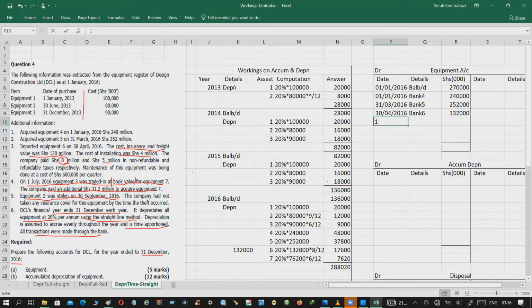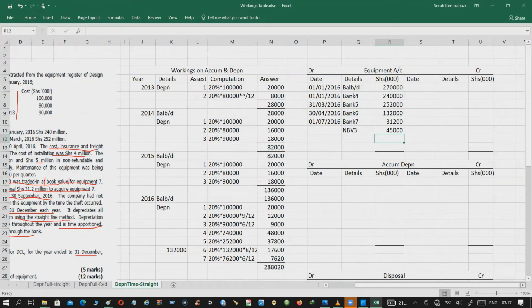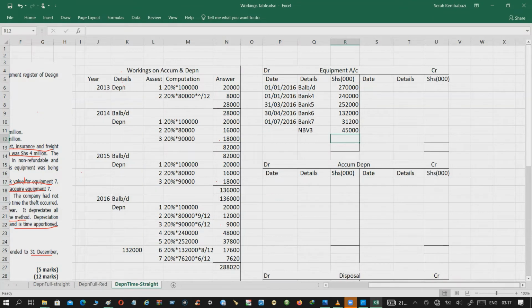And also that on 1st of July 2016, we got equipment 7 that had a cost of about 76,200. Though okay, in the bank we paid 31,200, and the net book value we computed for equipment 3 was 45,000. That gave us the full cost of that machine.